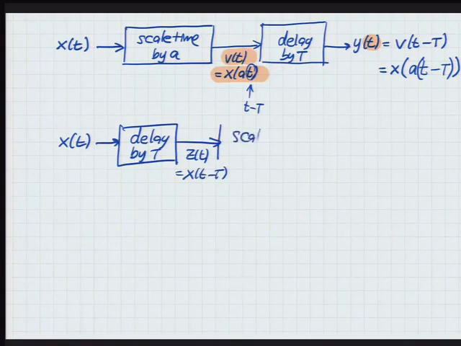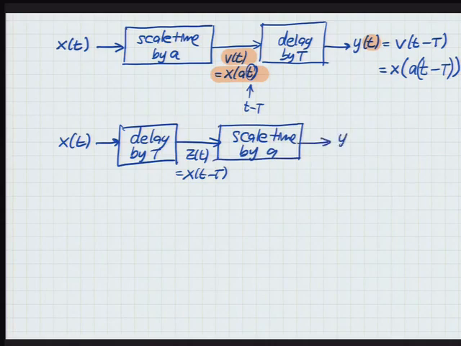Then scale time by a. Okay, what is the output? Let me call it y hat of t because changing the order doesn't preserve the output. So what is the new output? It is z of a t, right?